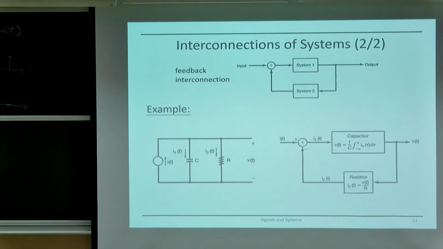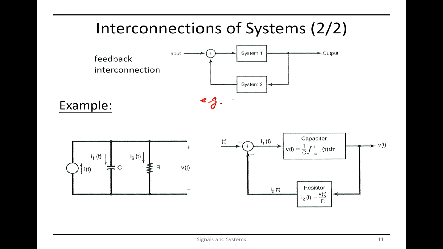And this is often seen in control type systems. So what is an example of a control system? One thing could be like cruise control.